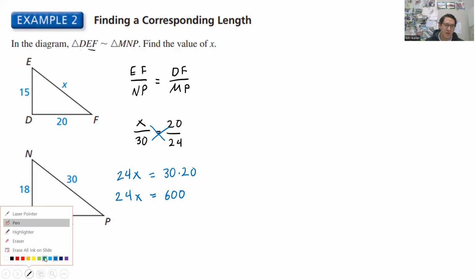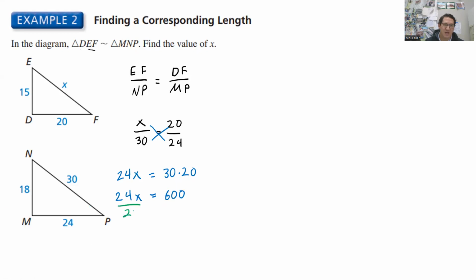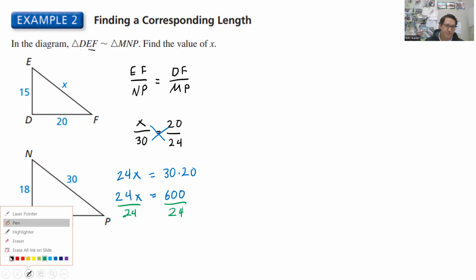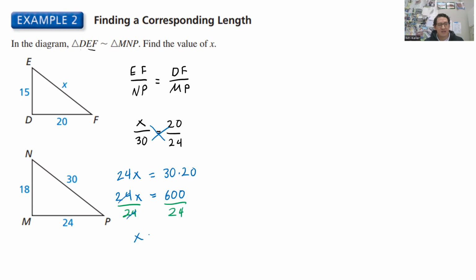And then the next step, divide both sides by 24. So that'll cancel out. You get X is equal to 600 divided by 24. That's 25. There we go.